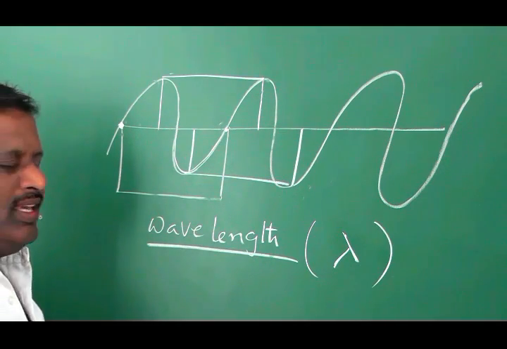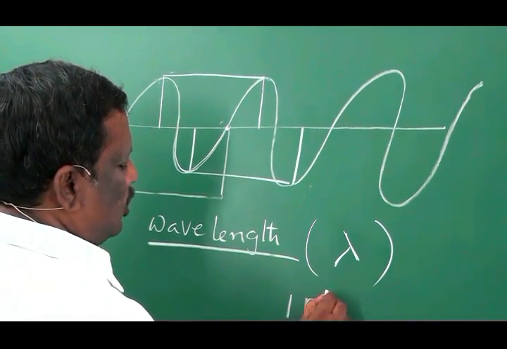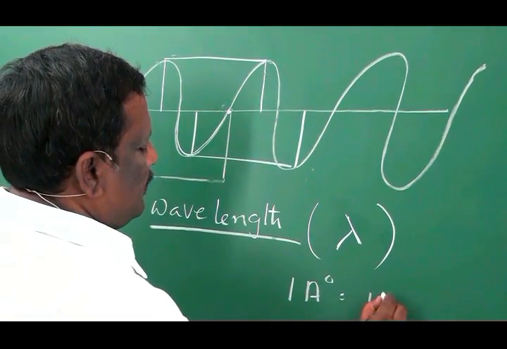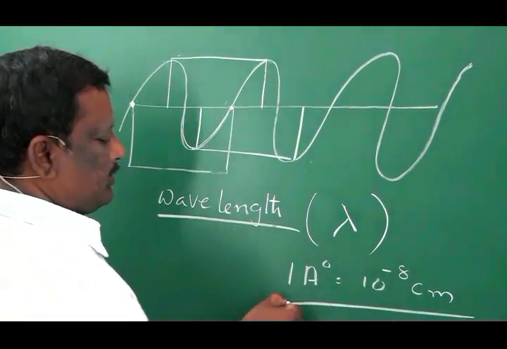And this wavelength is expressed in angstrom units. 1 angstrom is equal to 10 to the power minus 8 centimeters.